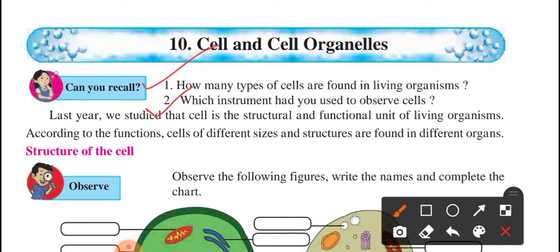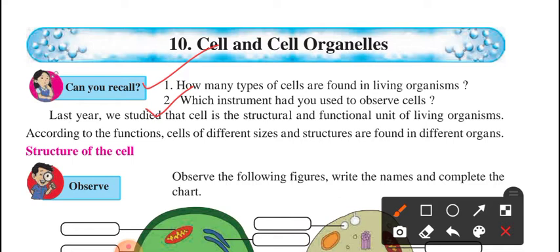According to the functions, cells of different sizes and structures are found in different organs. We have body organs, and in every body organ different cells are found. Cells are present in animals as well as in living things like human beings. So a few things are different and a few are common in the cells.